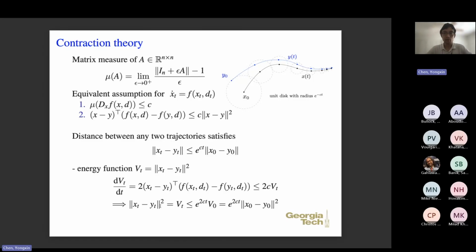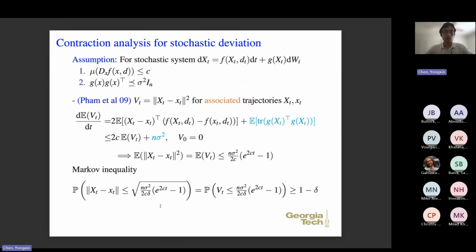So this is great, but what we have is a stochastic system. What do we do? It turns out the same thing can be easily applied to a stochastic system. Here we have a stochastic system, and we make the same assumptions as the contraction, and we assume another assumption, which basically means the coefficients for the disturbance are bounded.